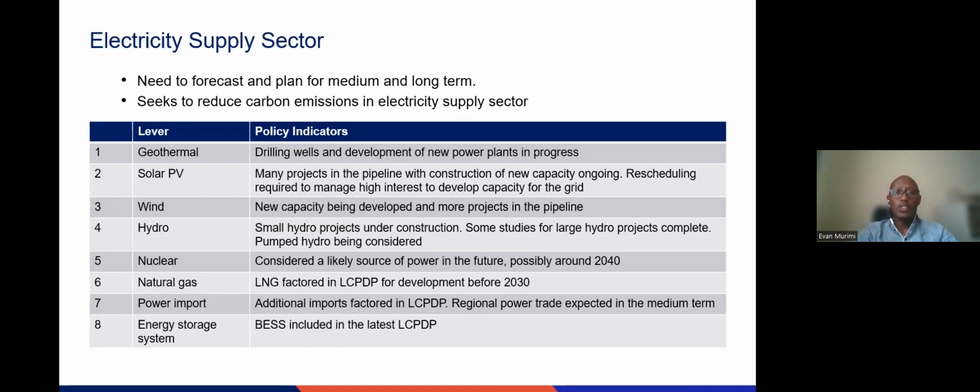Looking at our policy planning, like the least-cost power development plan, renewable energy sources are given preference, but we know that at one point or another, we need some fossil fuel based and maybe some imports. So the purpose here was to match these supplies in a way that we can reduce the carbon emissions in the sector.